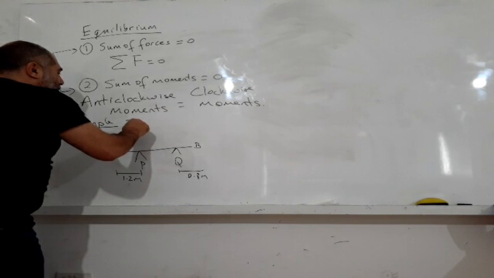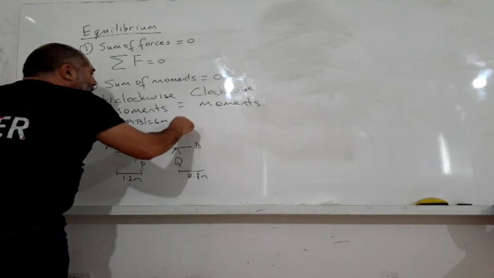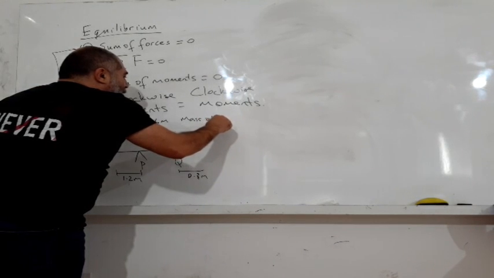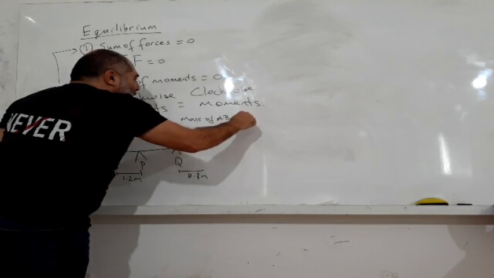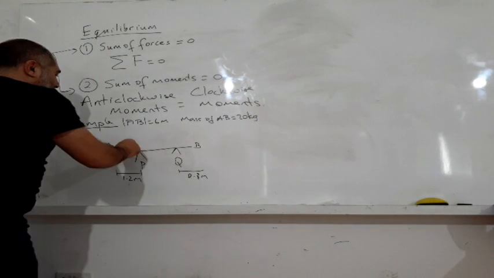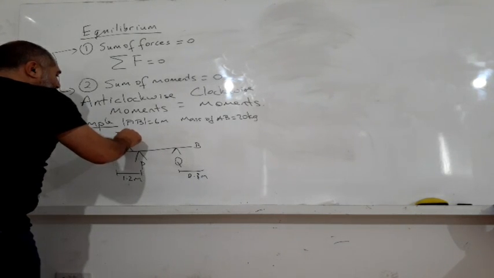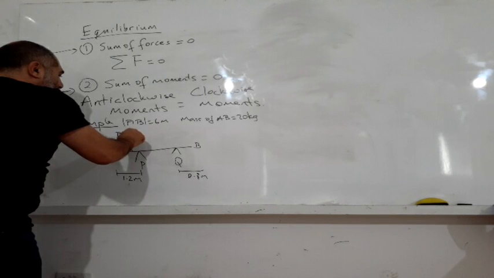Mass of AB was 20 kilograms, I think. And the famous painter was here with mass 85 kilograms.